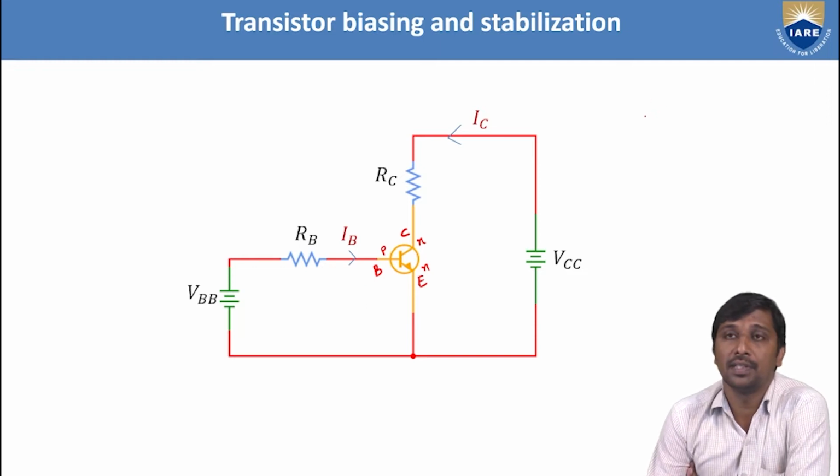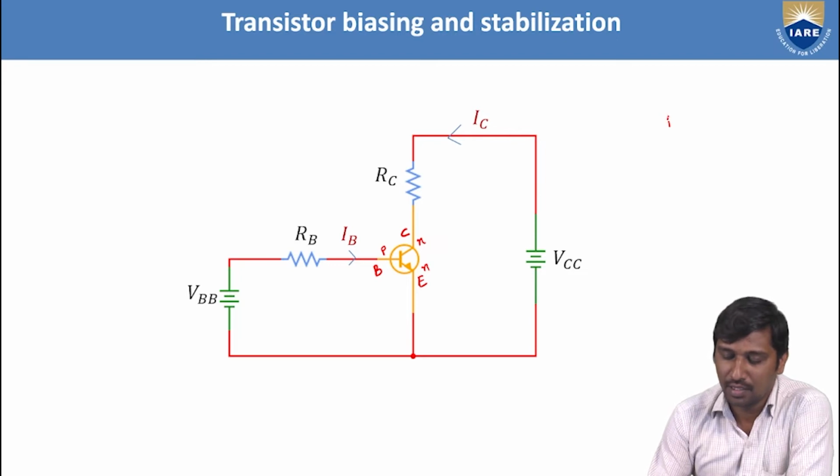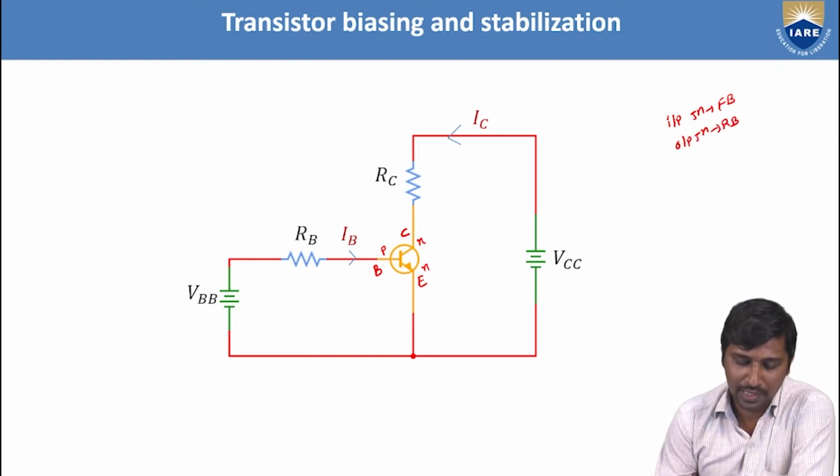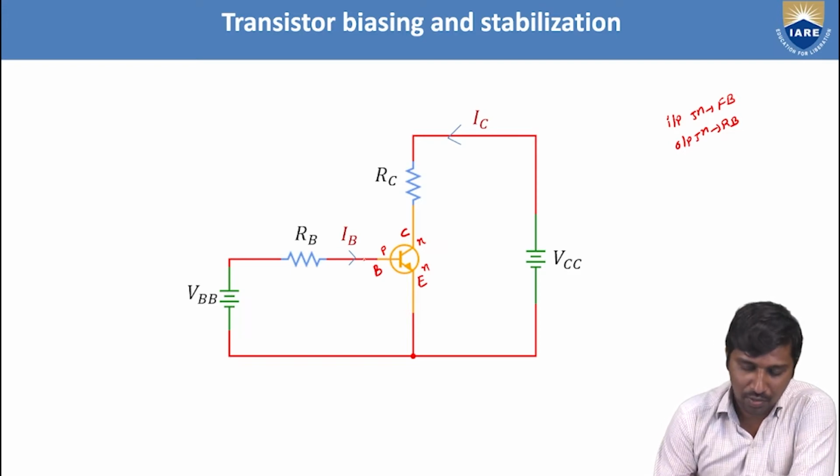First we need to decide that the transistor should be in the active region, meaning the input junction should be forward biased and the output junction should be reverse biased. Here the input junction is the base along with the emitter. The base is made with P-type material.